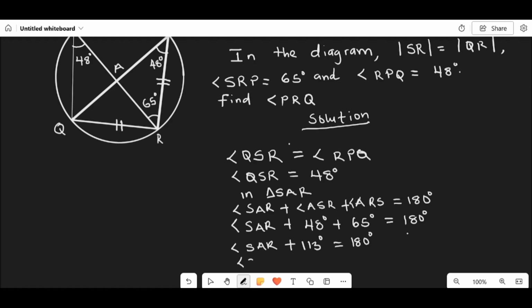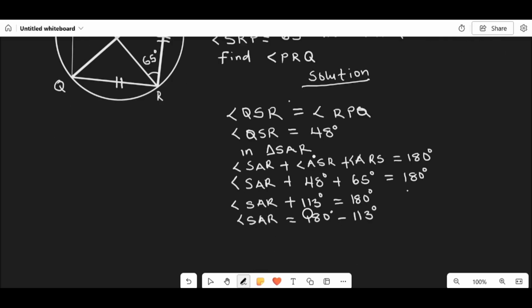Our angle XAR is equal to 180 degrees minus 113 degrees. What happened here is that if we transpose 113 degrees to the right hand side, the positive sign will change to negative.